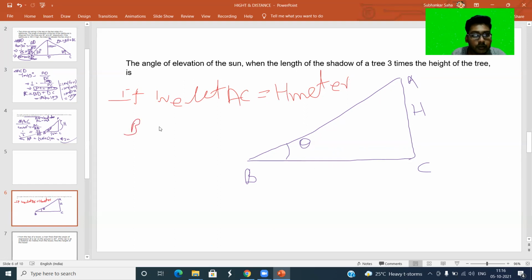BC is the shadow. The shadow value is 3 times the height of the tree.